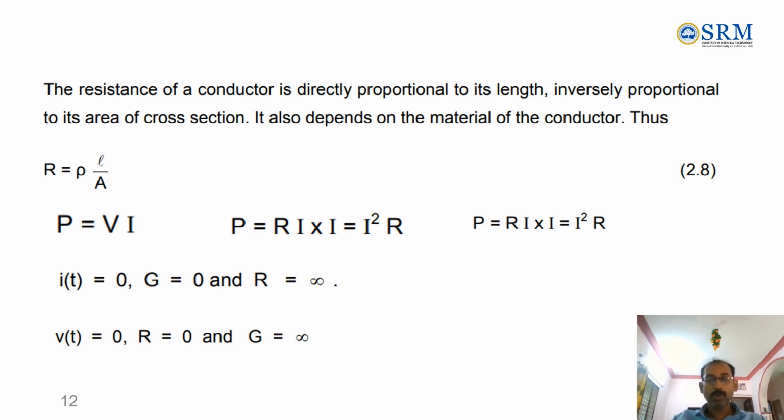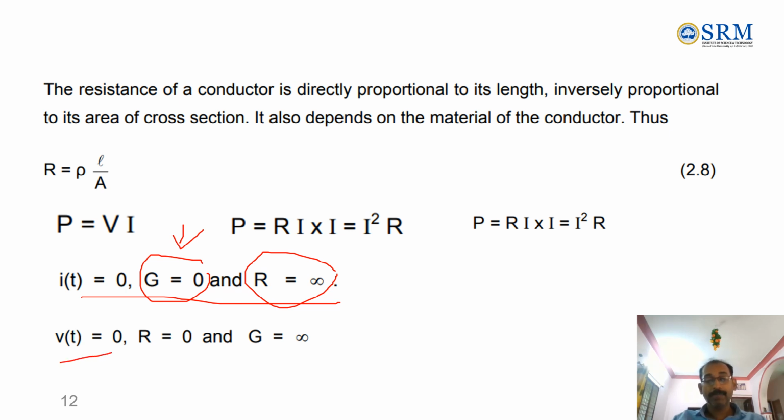When I is equal to 0, G is equal to 0, and R is equal to infinite. What is this? When current is 0, it means that it is an open circuit. That is, resistance R is infinite and the conductance is 0, because the conductance G is nothing but the reciprocal of the resistance. So if R is infinite, the conductance should be 0.